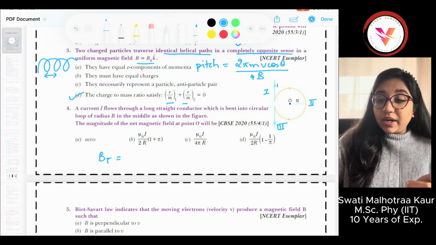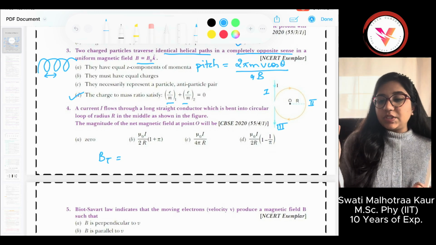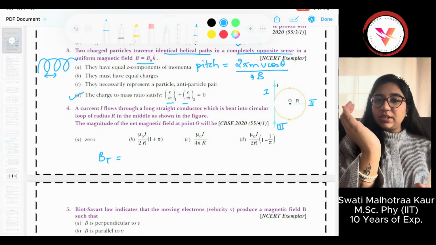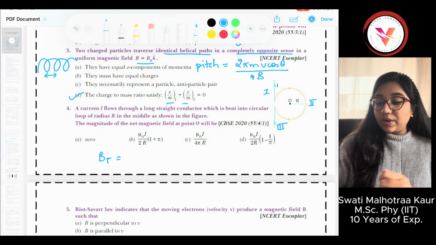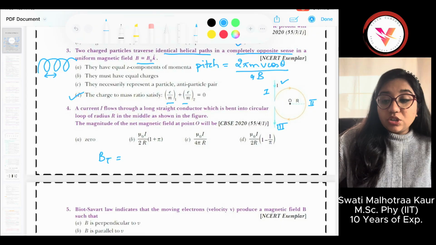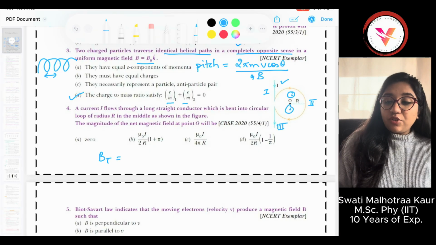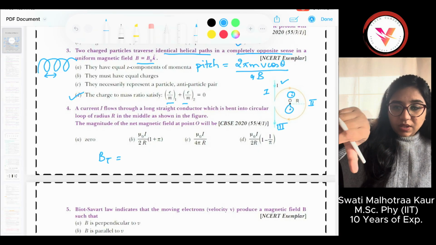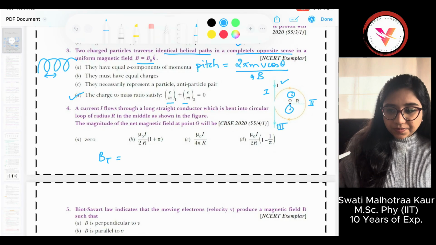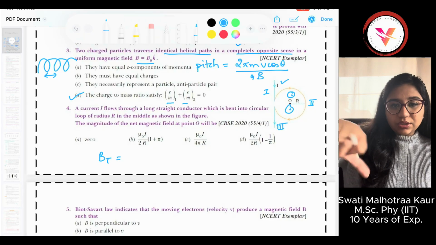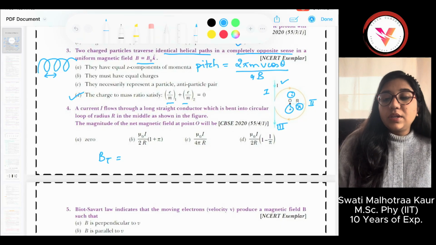So for the first part, you can use this. If the current is downward, then your thumb will point outward. So that means because of this wire, the magnetic field would be upward. Similarly, for the third also it is upward. And for the second, the current is moving in an anti-clockwise direction, so the magnetic field is this.